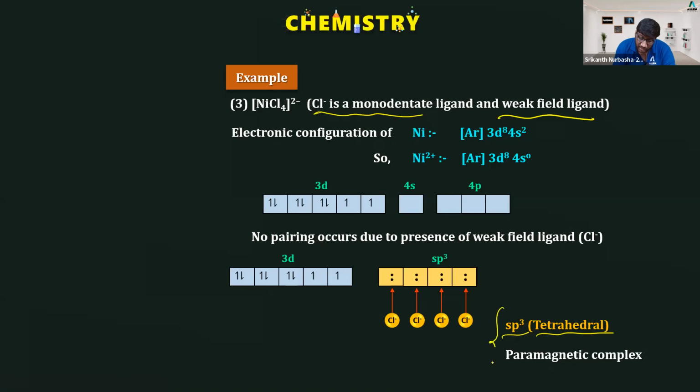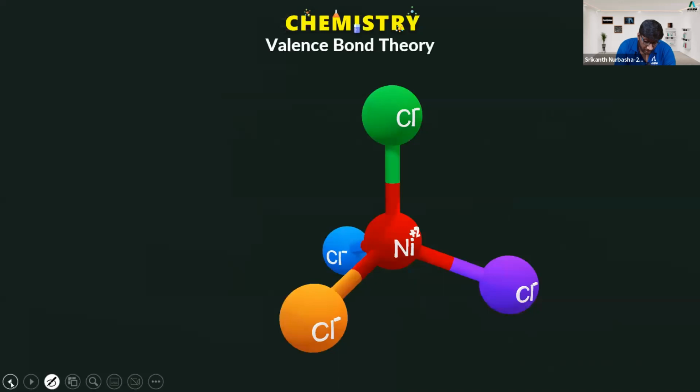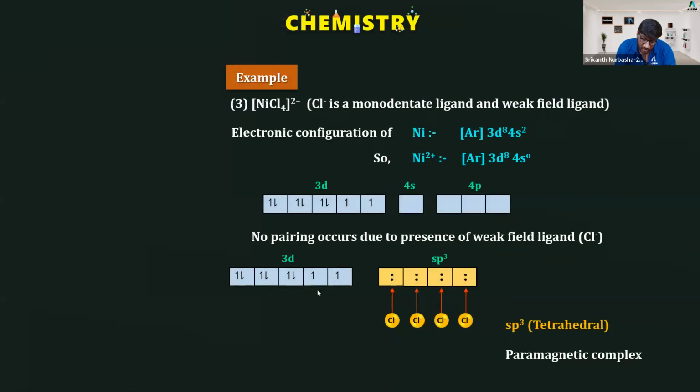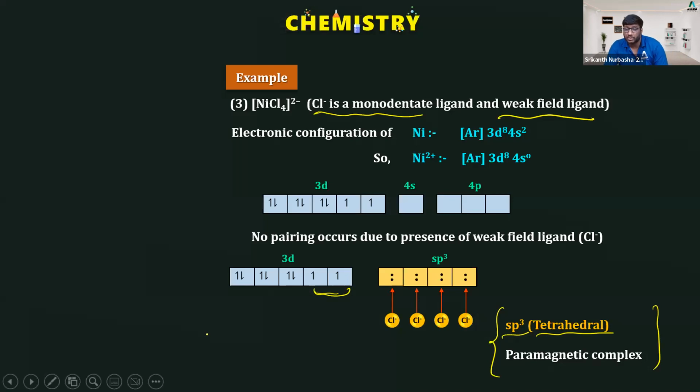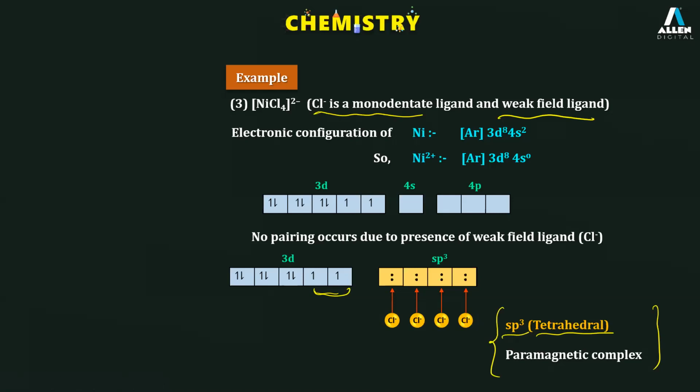Here you are going to get sp3 tetrahedral paramagnetic complex, because you have unpaired electrons. Can I proceed further, students? Yes, sir.